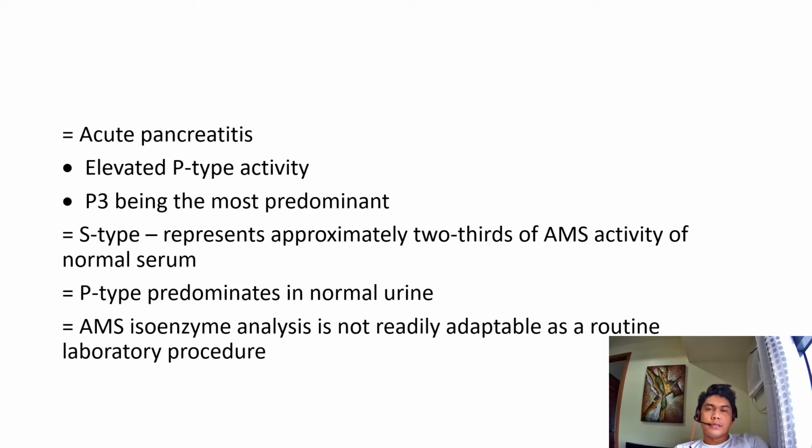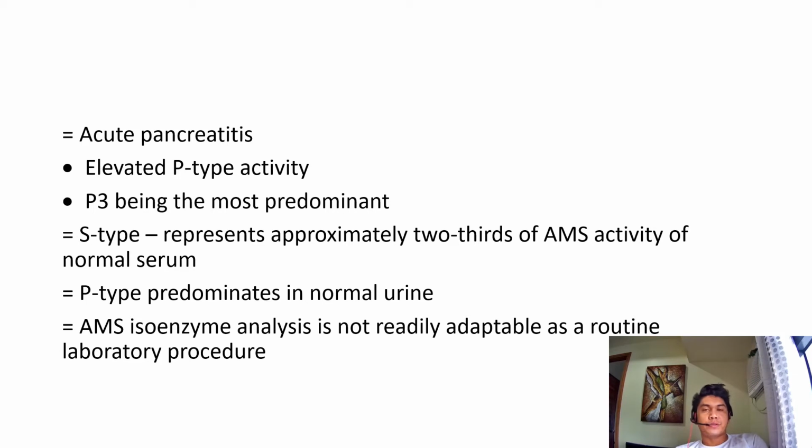So in the presence of acute pancreatitis, there is elevation in the P-type activity, meaning the P-type isoenzyme of amylase. Okay, because P-type is derived from the pancreas.